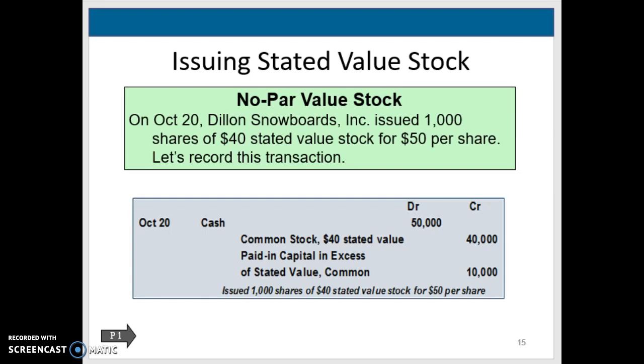And then we credit common stock for the par value or stated value, $40 times 1,000 shares. That's where that $40,000 credit comes from. And then paid in capital in excess of stated value, because instead of par value, it's stated value. We have a $10 difference, so $10 times 1,000 shares is $10,000.